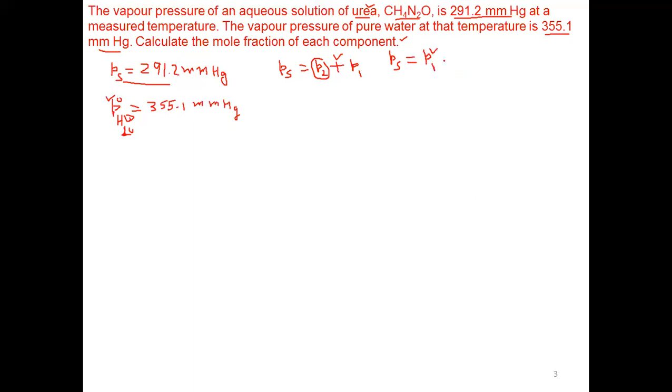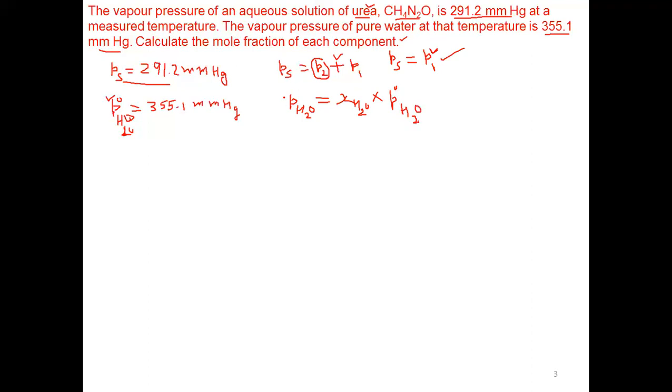Now the solvent is water. This is given by the expression from Raoult's law: vapor pressure of water in solution is equal to the mole fraction of water in the solution multiplied by the vapor pressure of water in the pure state.